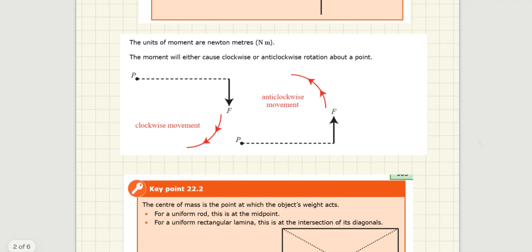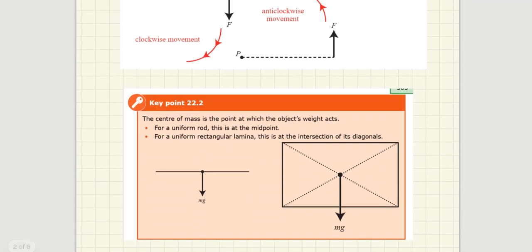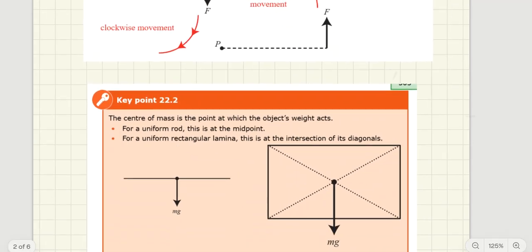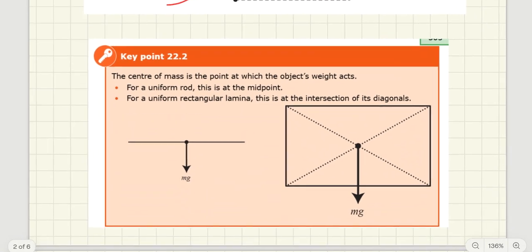Okay. Now, to start with, we have two types of thing that we're going to do with it. So we have a uniform rod. That's what I was talking about. Imagine my ruler is a uniform rod, but equally, forget it's three-dimensional, imagine it's two-dimensional.